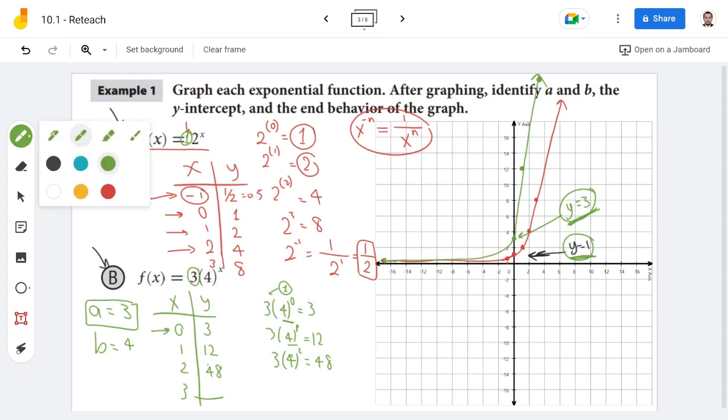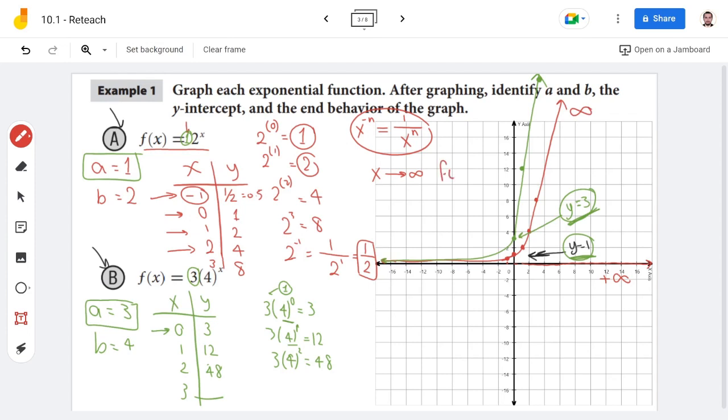Now, if I ask you how we can find the end behavior for both functions. So what's the end behavior for the red function? What happens to f of x when x goes to positive infinity? When we're moving on x toward positive infinity, does my function go up or down? It goes up. So that means my f of x goes where? It goes to positive infinity.